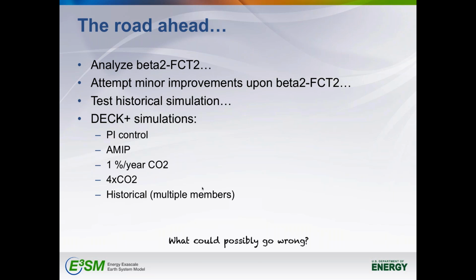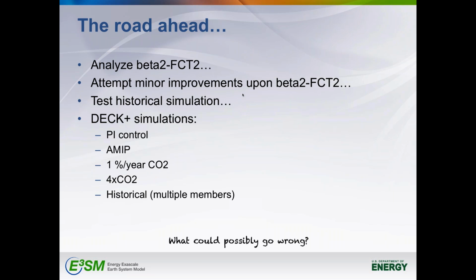As I mentioned, we're going to attempt to do some minor improvements to FCT2 by retuning some parameters in the atmosphere to try to both reduce the mean bias in longwave cloud forcing and maybe improve the precipitation a little bit. But I'm not expecting anything dramatic. I'm just hoping for a little bit of improvement in those fields.